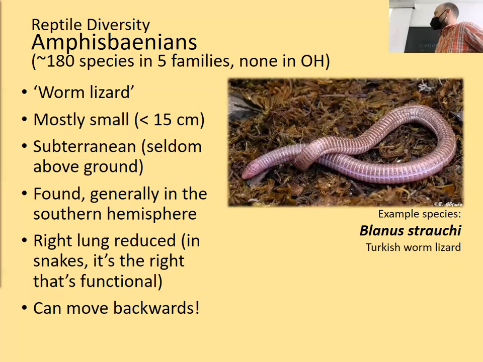They live underground in the tropics, but there's not too much to know. The example I have here is Blanus strauchi, the Turkish worm lizard. No species in Ohio. We won't spend a lot of time on this, but for the sake of completion, I wanted to round out our squamate discussion with these guys.